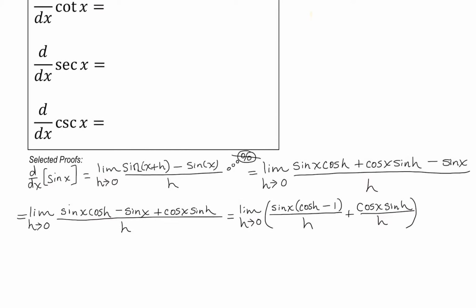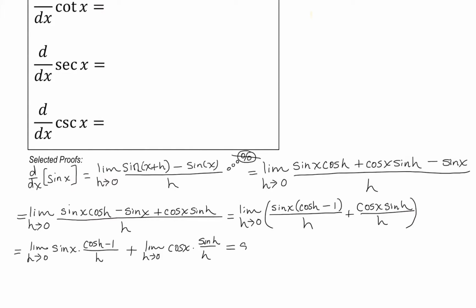All right, now remember, when you have a limit of a sum, properties of limits say you can take the sum of the limits. As we take a look at what we have, the limit as h goes to 0 of sine of x times cosine h minus 1 over h, and then plus the limit as h goes to 0 of cosine of x times sine h over h.